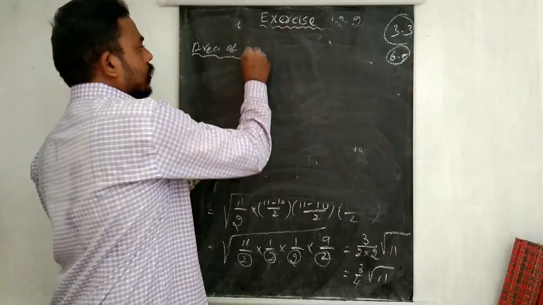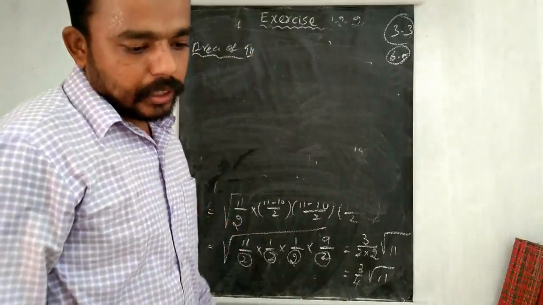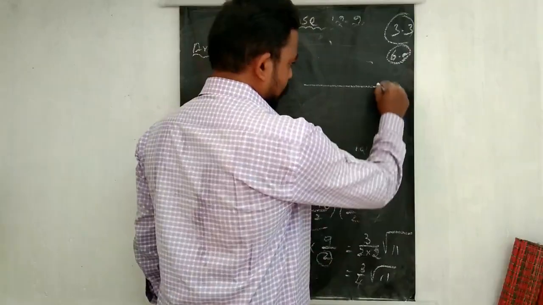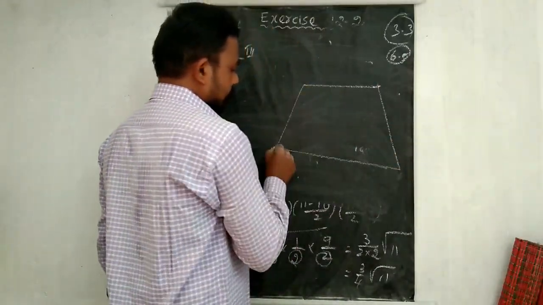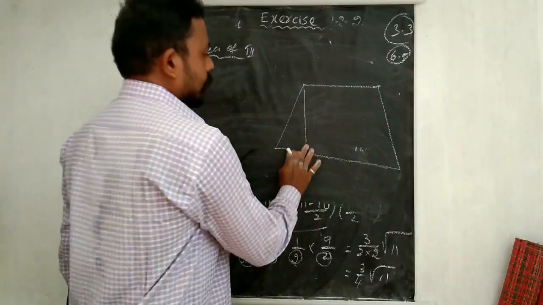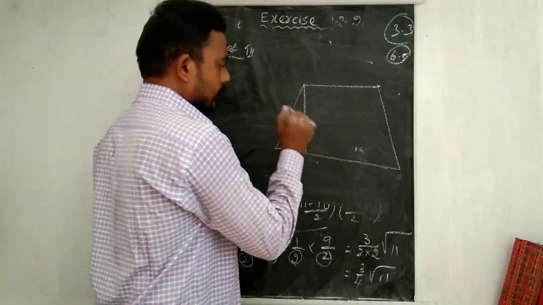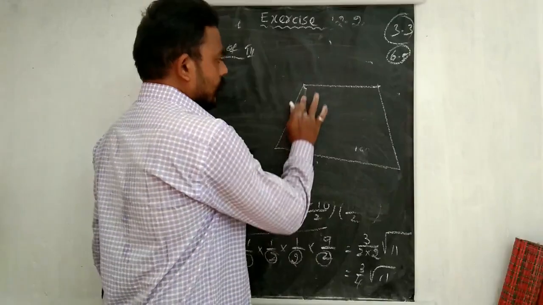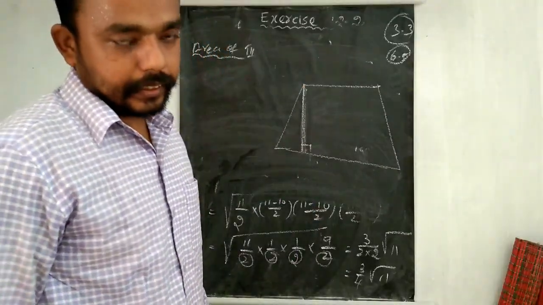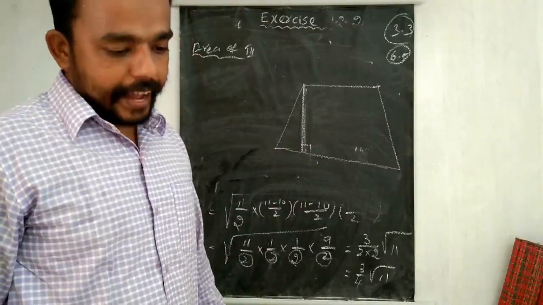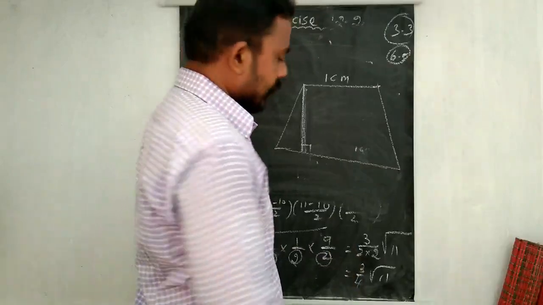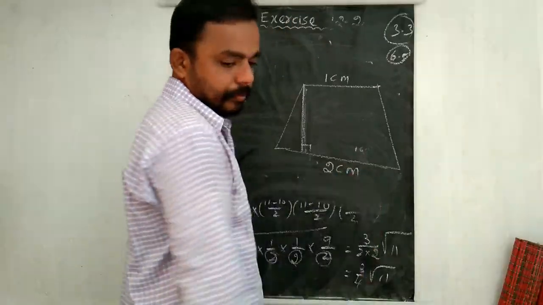Similarly, area of the third region. It looks like a trapezium. For that, introduce one right angle, sorry, 90-degree line. We are given this is 1 centimeter and this is 2 centimeter.